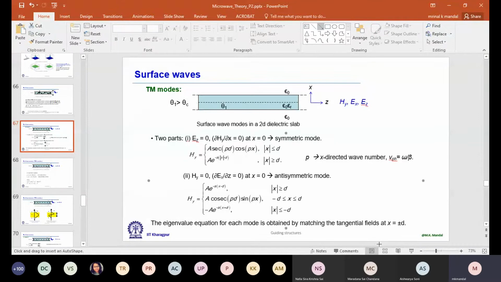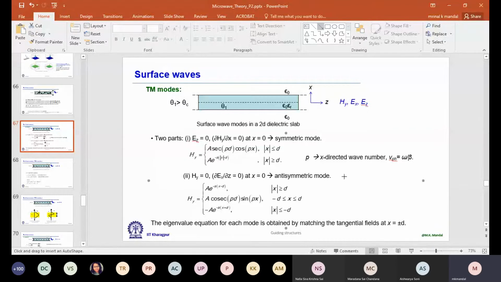And since it is only Hy which is perpendicular to the direction of propagation, we call it TM mode. Better to say quasi TM mode, because we know that it is a hybrid mode. So we did the simplification looking at the field components. For TM mode, it is easier to proceed with Hy since we have only one magnetic field component.